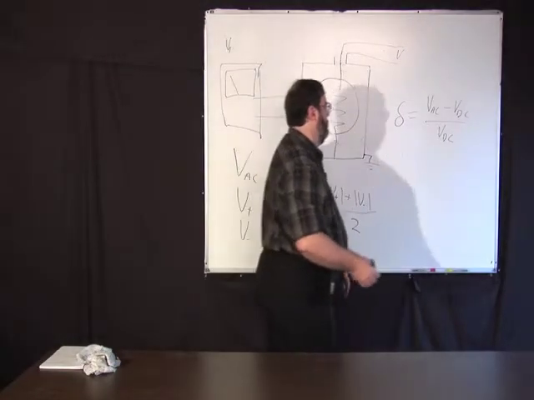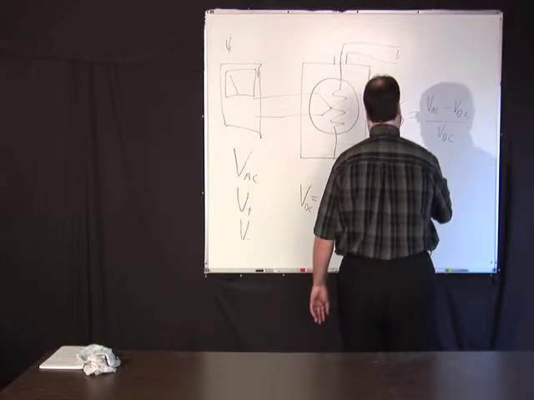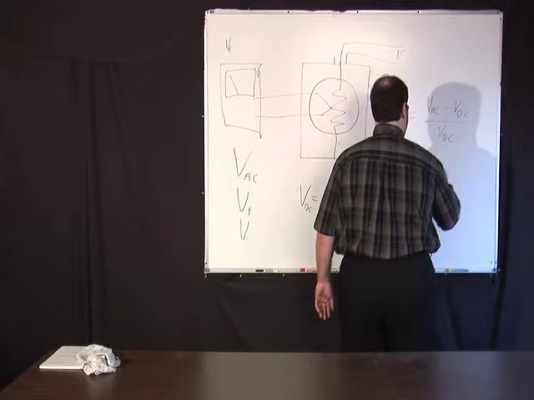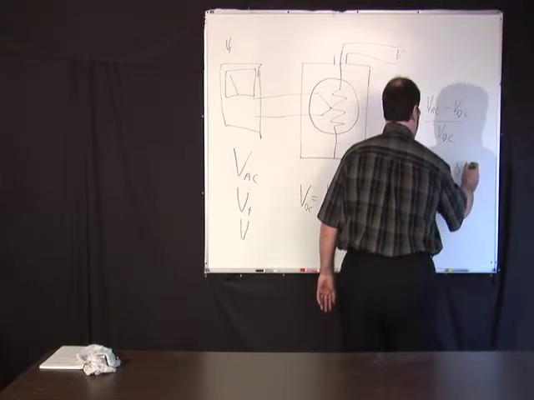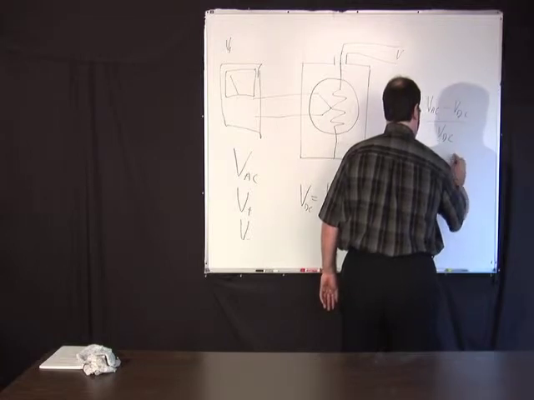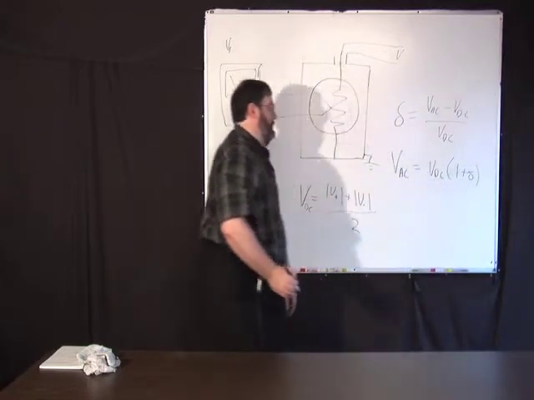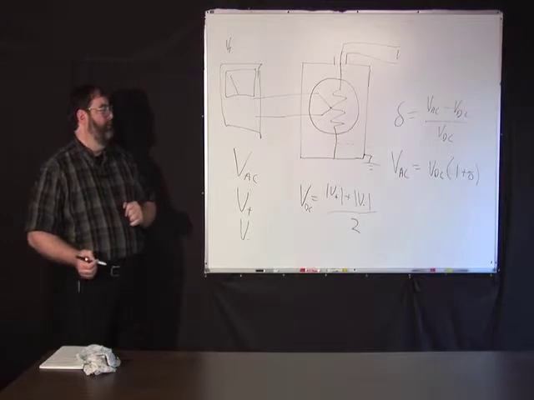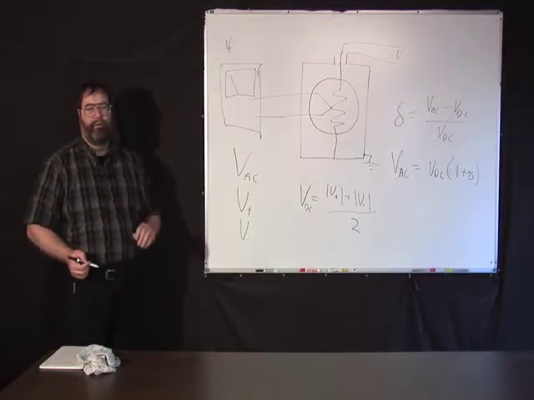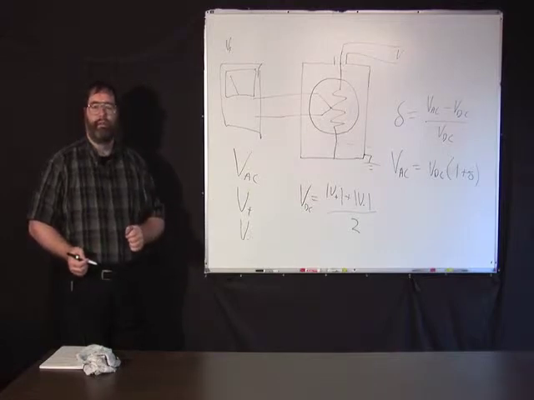So if you wanted to get the actual AC voltage, and you knew the RF-DC difference delta, it's going to be VDC times 1 plus delta. So you somehow calibrate the AC-DC difference, and then you trace voltage measurements directly through temperature.